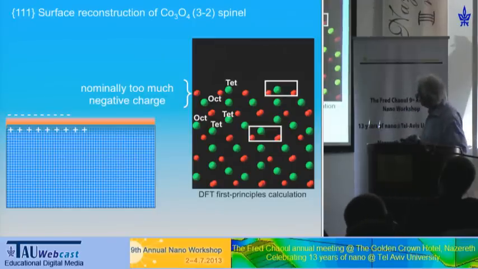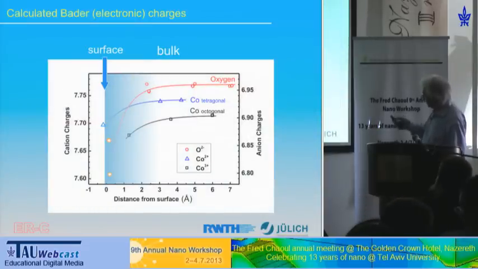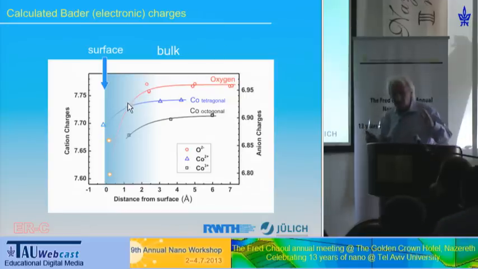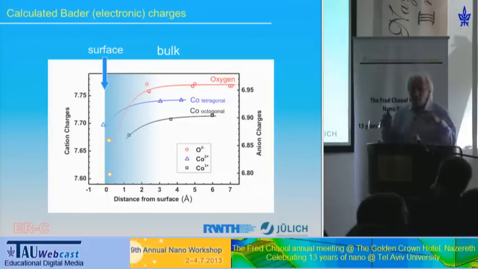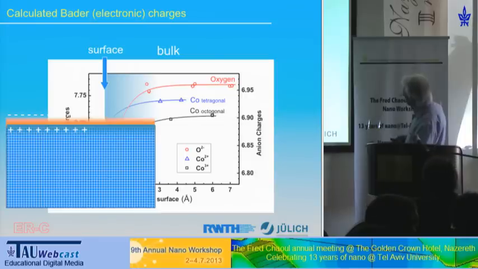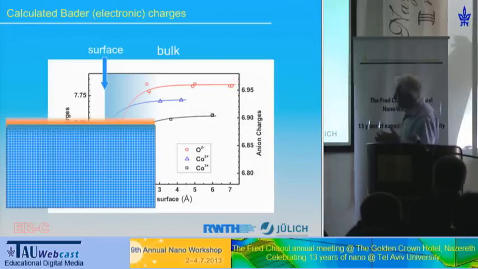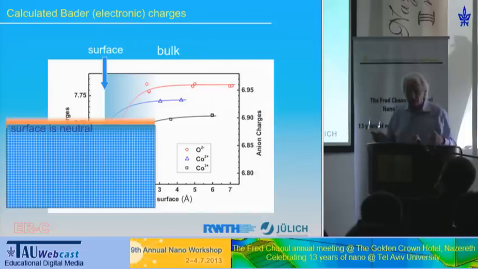It's more complicated. The DFT calculations give us access to what is called the Bader charges. And here we learn that close to the surface, negative charge is moved away into the interior of the sample. Even oxygen loses charge at the outer surface layers. That means the result is that the surface is neutral.